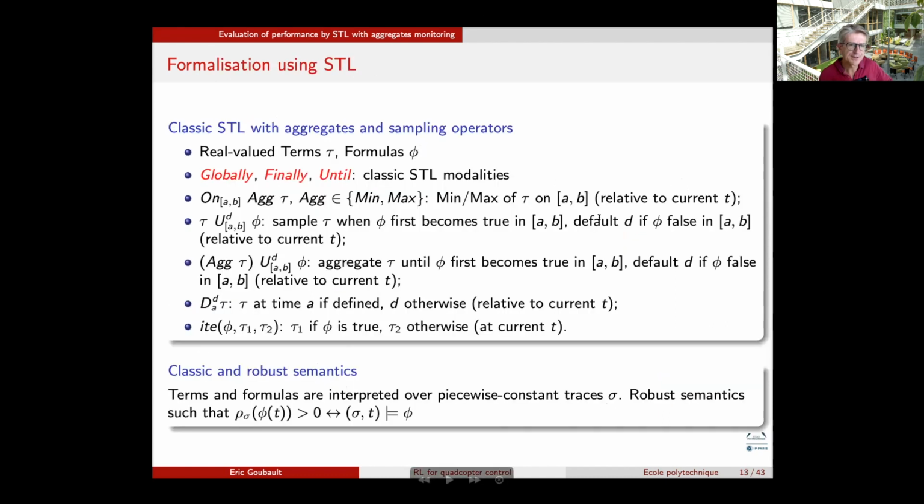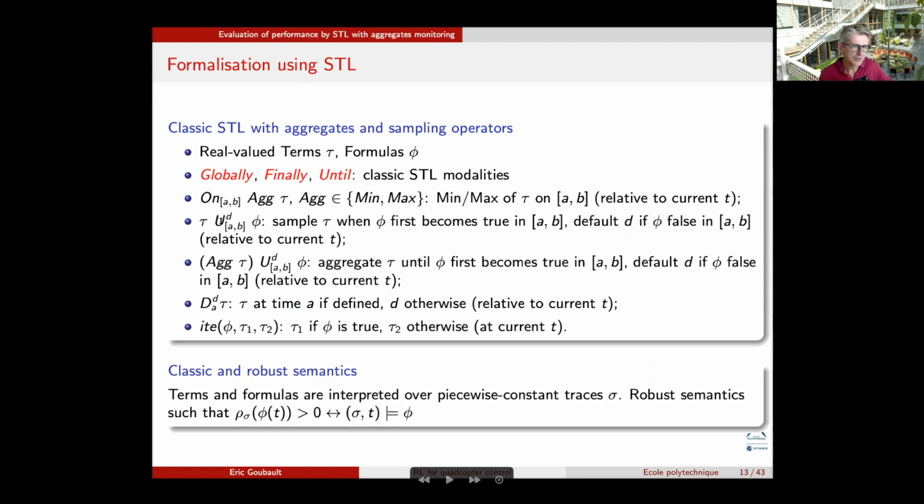So formally, this is defined using STL with aggregates and sampling operators. So basically, you have the classical STL modalities: globally, finally, until. You have formulas and real value terms, but you have also aggregates, meaning that you can observe some function on the states for some duration [a,b] from the current time t at which you're observing this formula. And the aggregates you're going to use are, for instance, minimum and maximum of this signal over [a,b] from your current time.